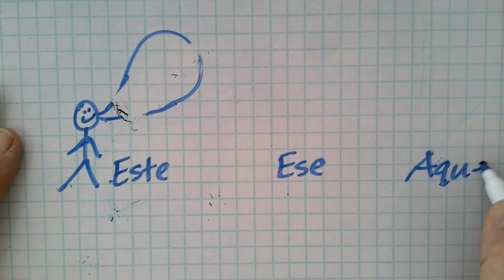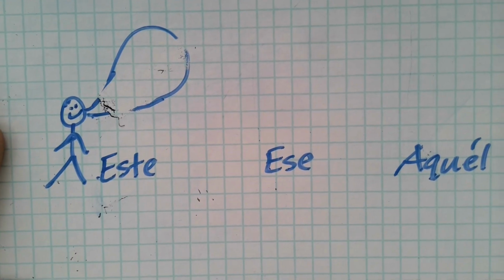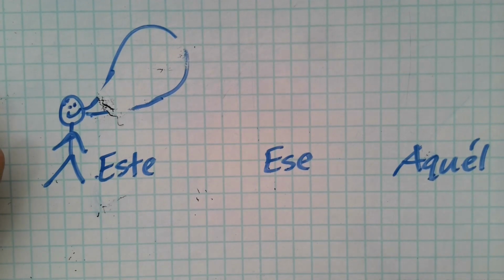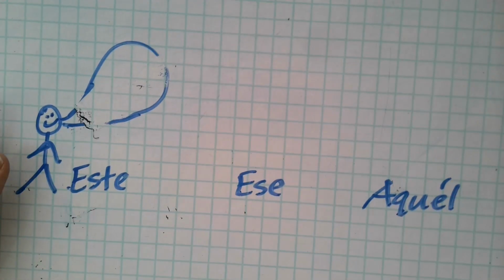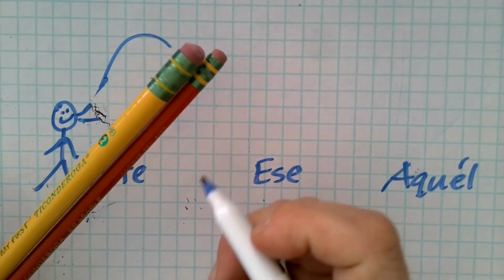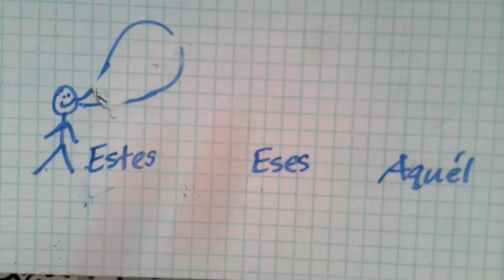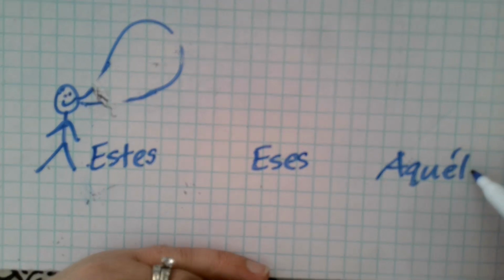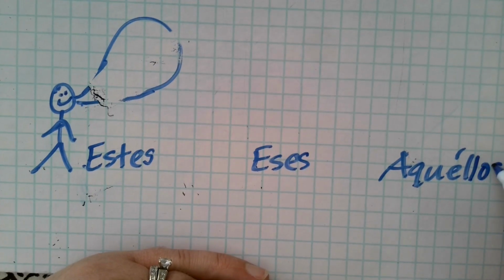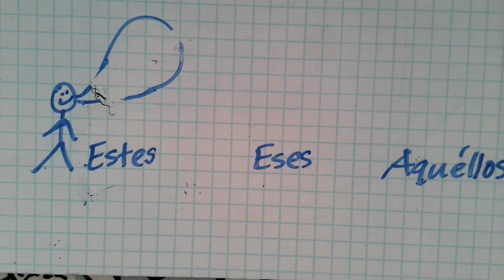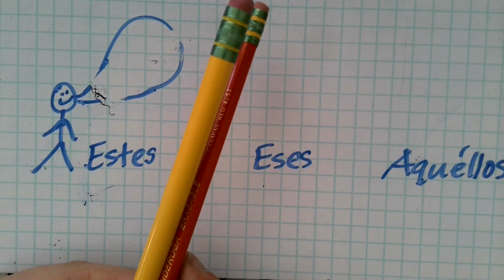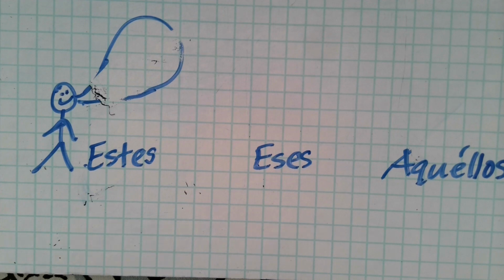Now the fun part about this is that it changes based on number and gender of your noun, okay? So if I had 2 pencils, we would say estos lápices, esos lápices, y aquellos lápices. Muy bien, because el lápiz es masculino.